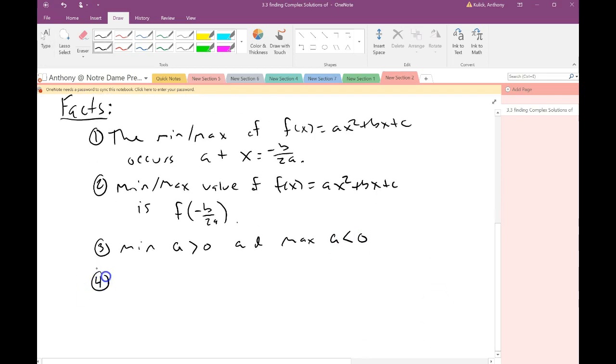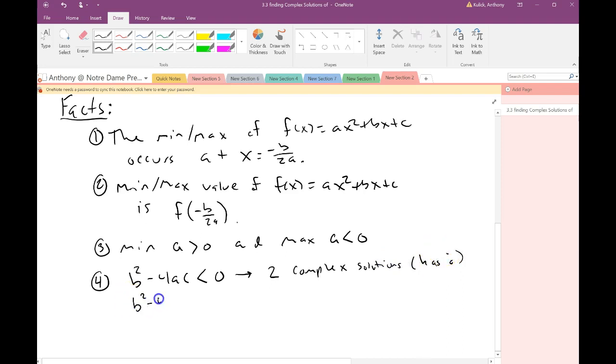And 4, we can also predict how many and what type of solutions. So if b squared minus 4ac is less than 0, we have 2 complex solutions. And by complex here we mean we have an i in it.